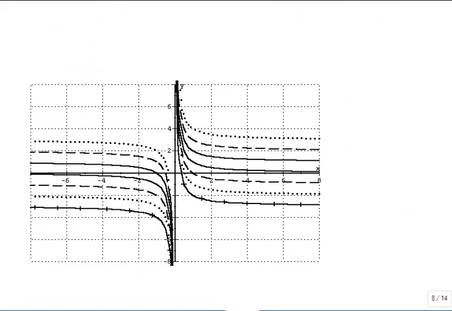And graphically, remember we were trying to go through the point (1, 3), which would be right about here. And that's this curve on this side, and it has another copy of itself over here.